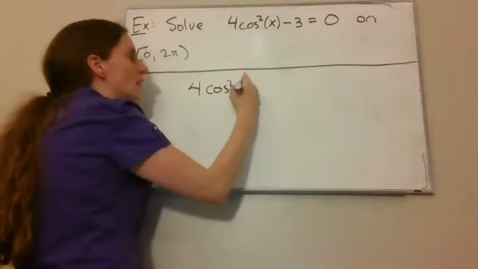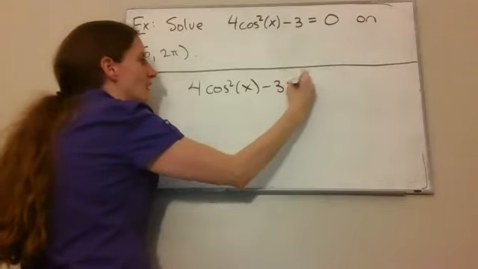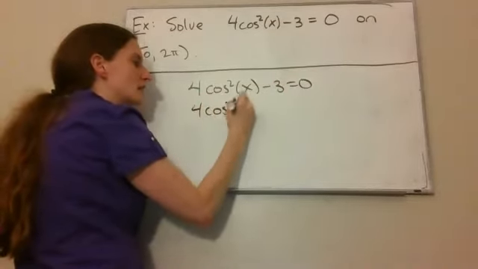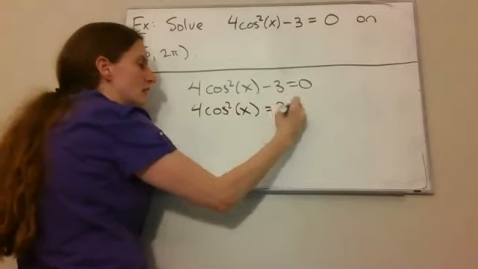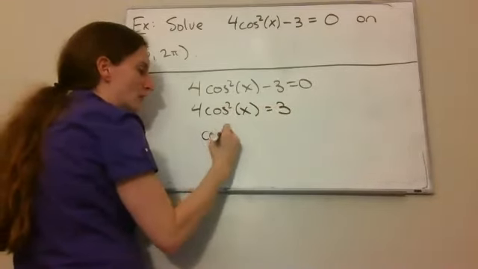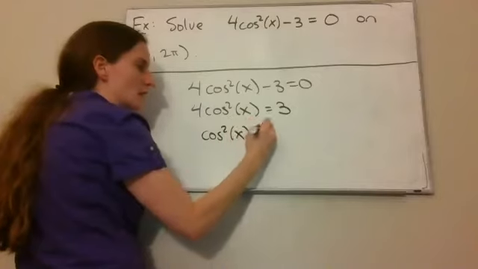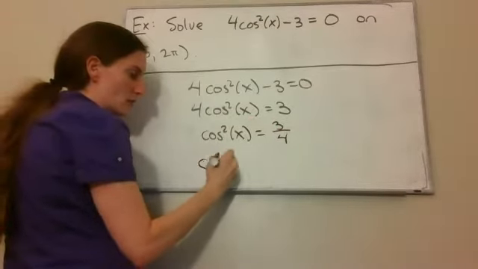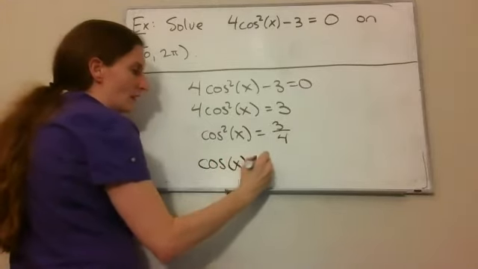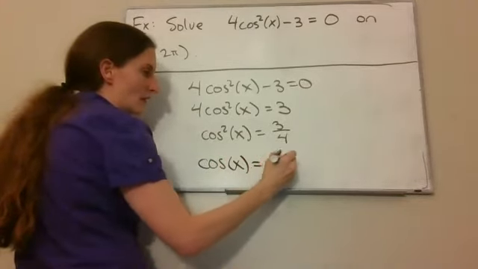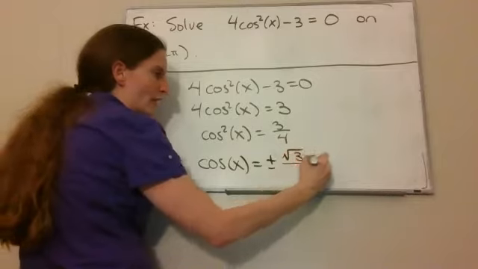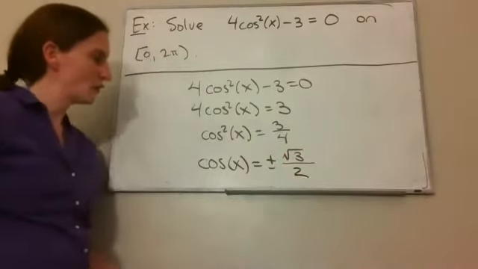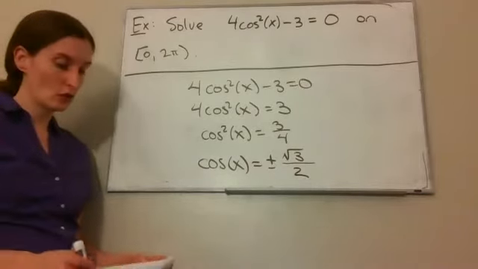So 4 cosine squared x minus 3 equals 0. I can add 3 to the other side. And then divide by 4. And then I can take a square root. Cosine of x is equal to plus or minus the square root of 3 over the square root of 4. Square root of 4 is 2. So I have plus or minus square root of 3 over 2.